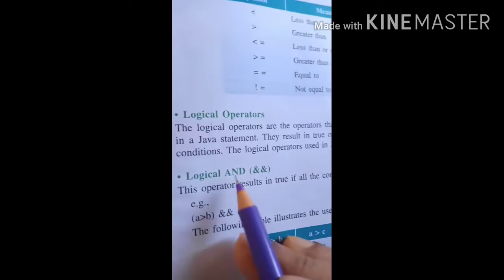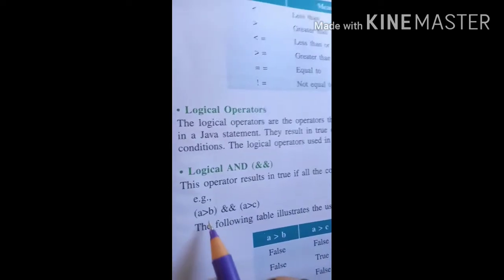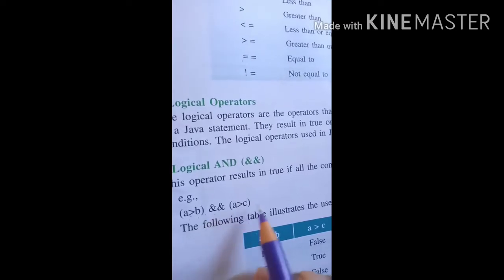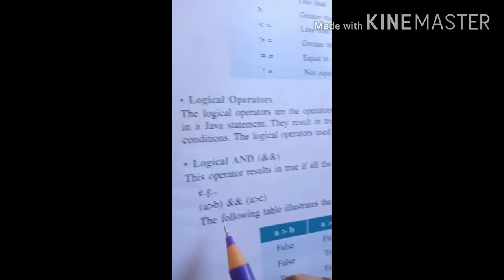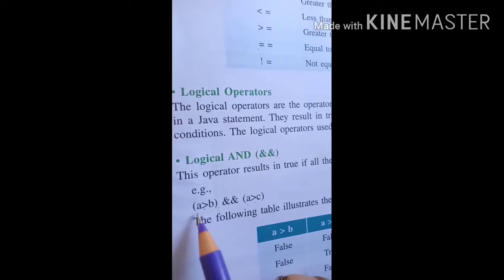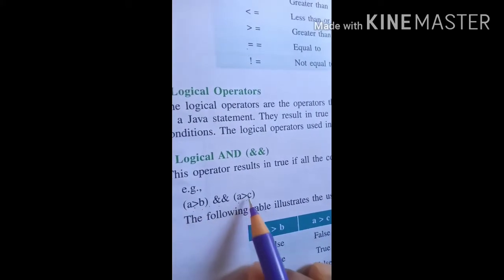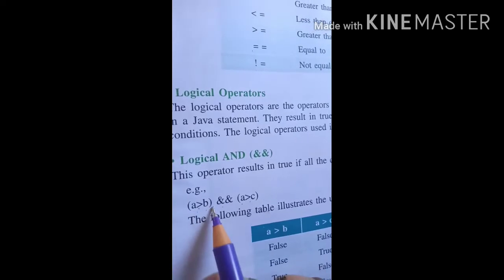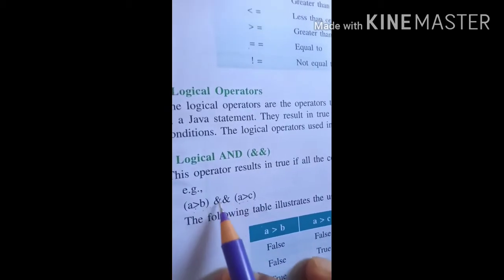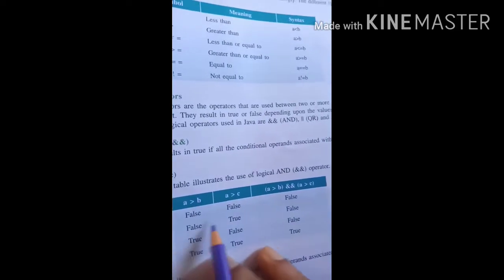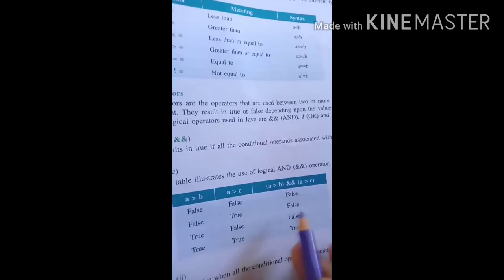So for logical AND, we have to understand this: a greater than b and a greater than c. Only if both conditions are true will the result be true. This is given in the diagram: false, false, false; false, true, false; true, false, false.